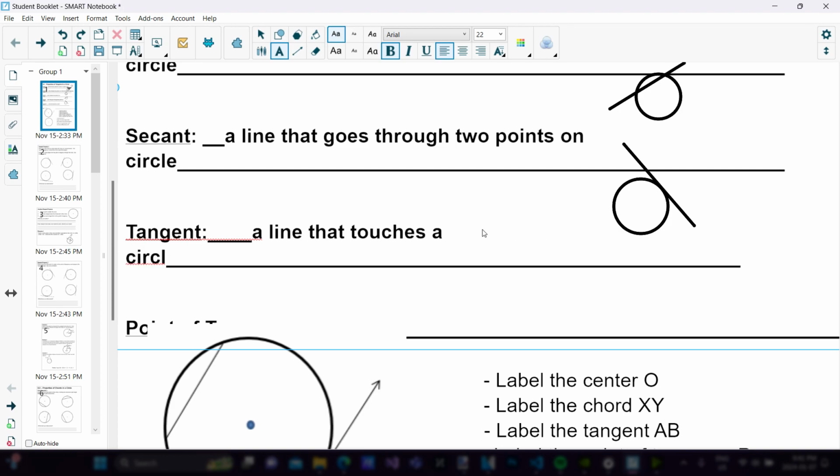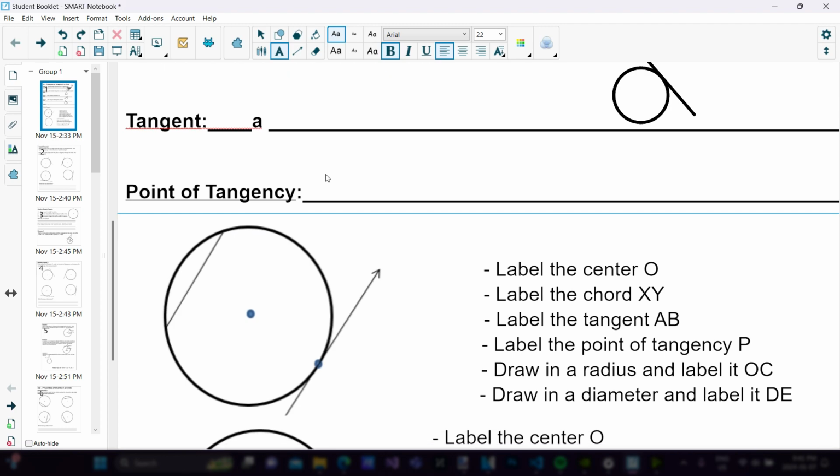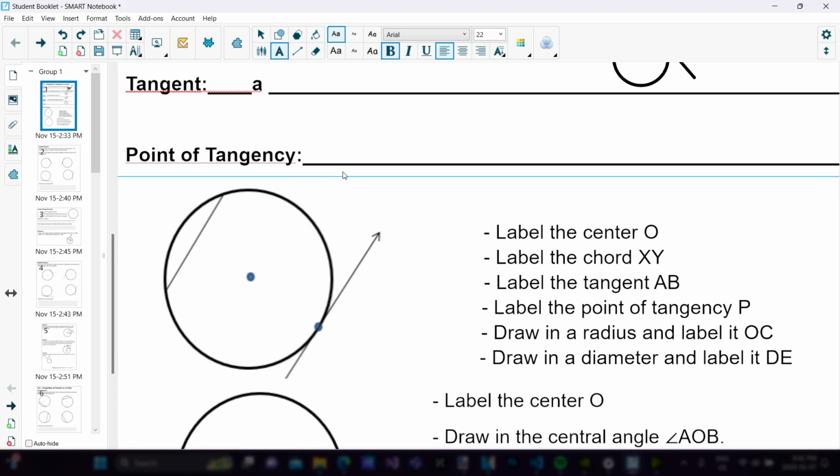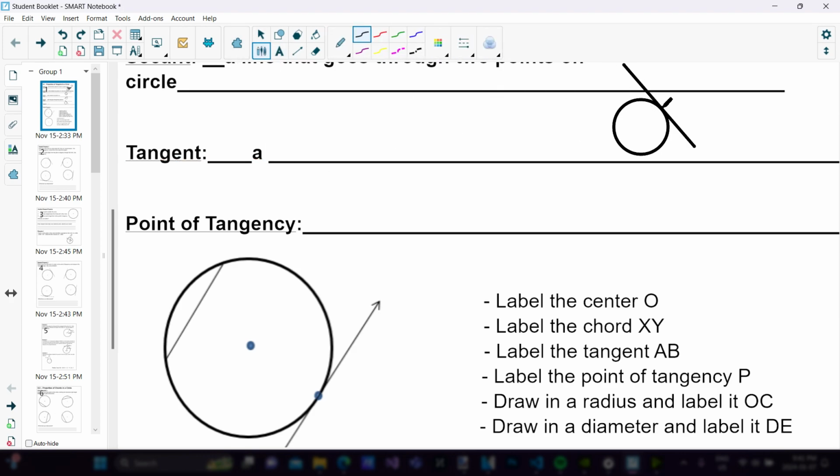And finally, I'm just going to erase some stuff here so I can get this last point. The point of tangency. Well, that's just the point where the tangent touches the circle. So if this is our tangent line, the point of tangency is that point where it's touching. It's that point right there on the circle.